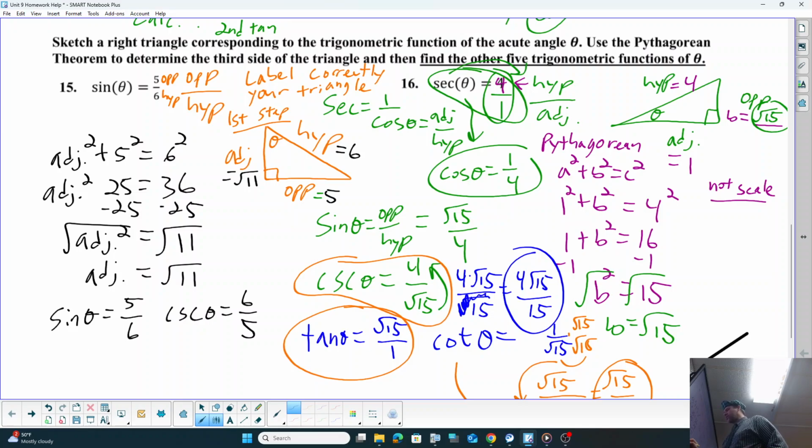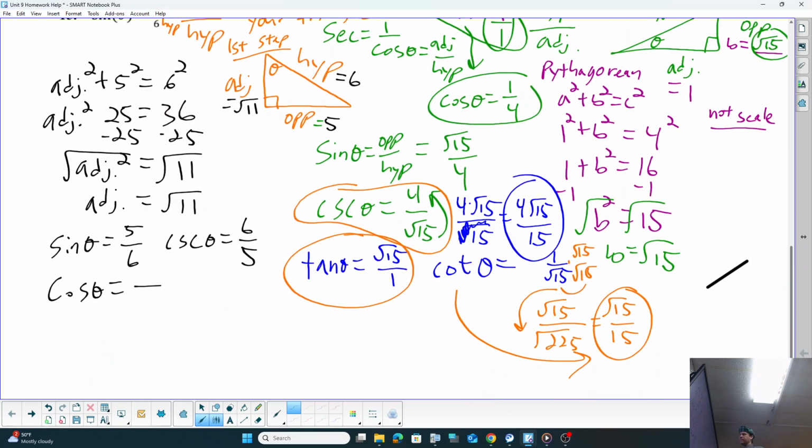We just found it, 6 over 5. So what's cosine then? Something over something. Don't forget, you can't have a radical in the bottom. And don't forget tangent. And don't forget secant. And don't forget cotangent. You got to find all 6 total trigonometric functions with their opposite sides and hypotenuses and lots of things like that.